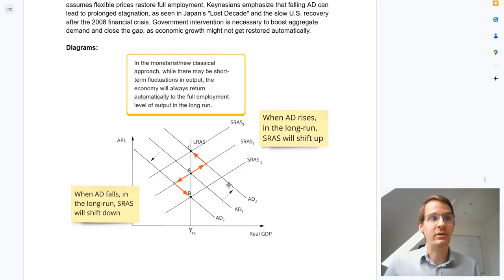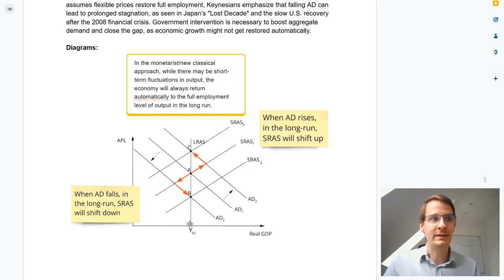If AD were to increase and get boosted from AD1 to AD3, we would arrive at that red dot outside of the potential output of the economy. But that would mean that in the long run, resource prices would go up, and therefore, due to the higher cost of production of firms, the SRAS curve is going to shift upwards, leading to a point C intersection between AD and the new SRAS3 in the long run. Again, we are back at the potential output of the economy.